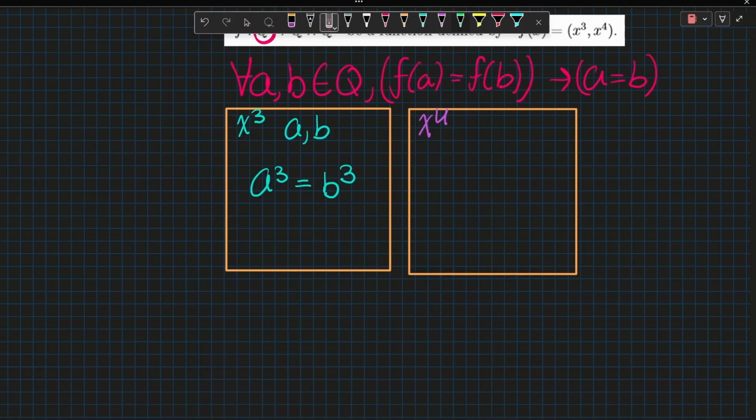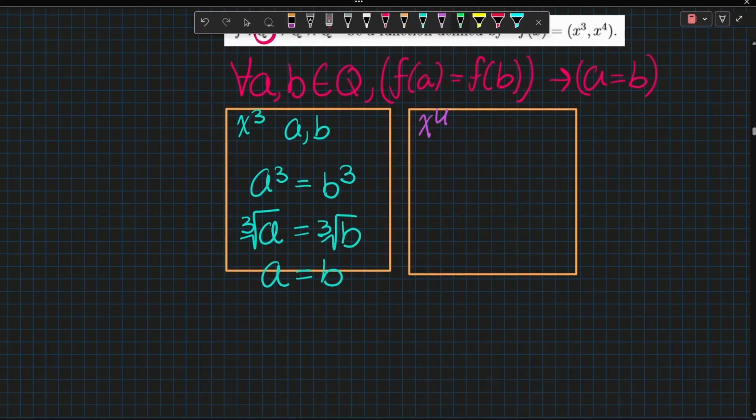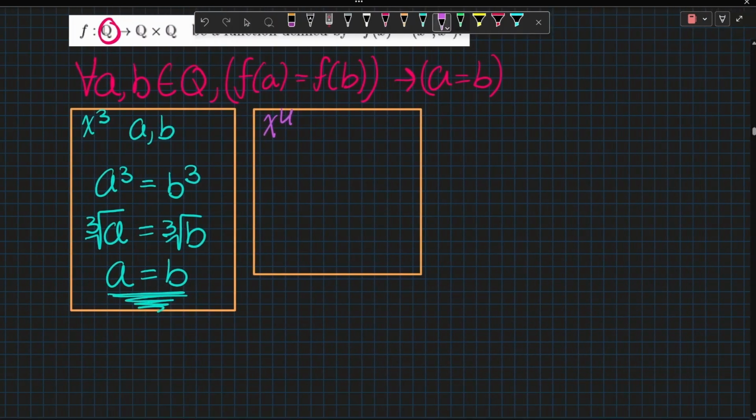It means that we can take the cube root of both sides, and we get that a is equal to b. We know this for a fact based on how cube roots and powers work. Using this fact, which we know to be true, we can aid ourselves in this proof.